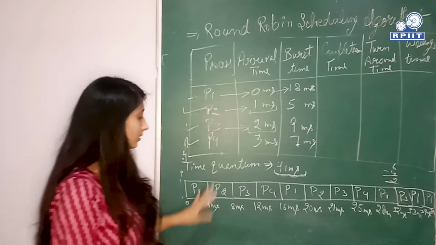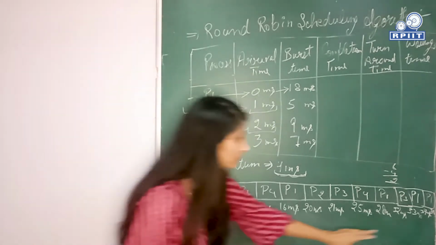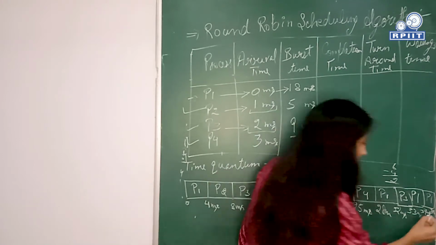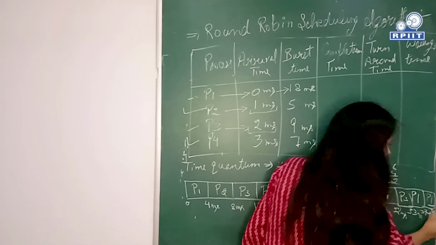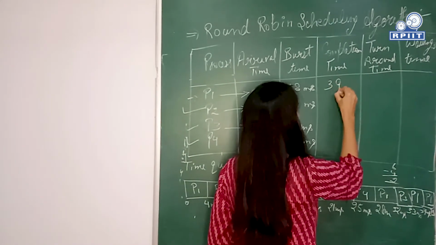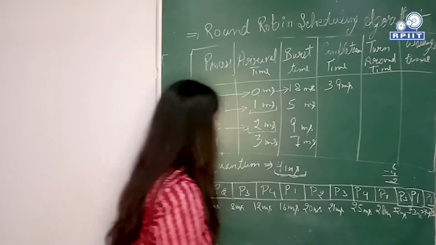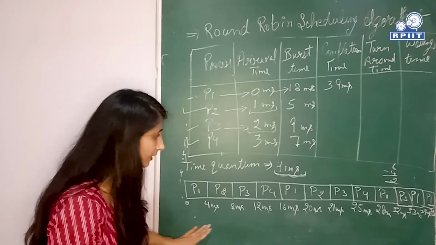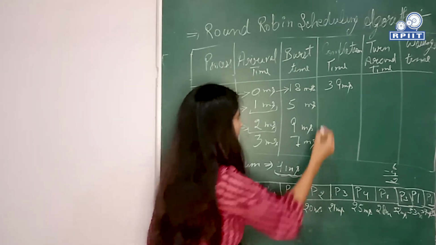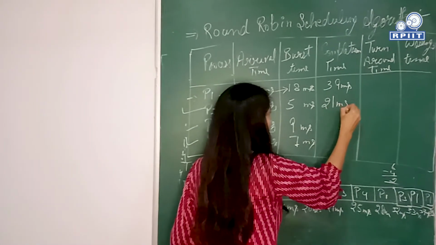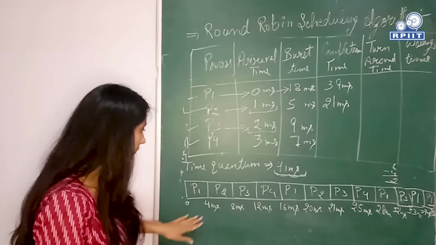First one is P1. P1 is completed at the 39th millisecond. Now we need to check P2. P2 is completed at 21 milliseconds.